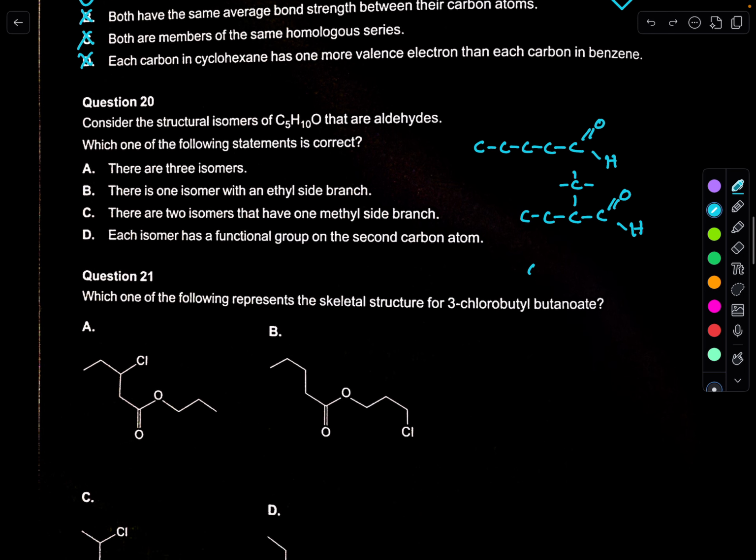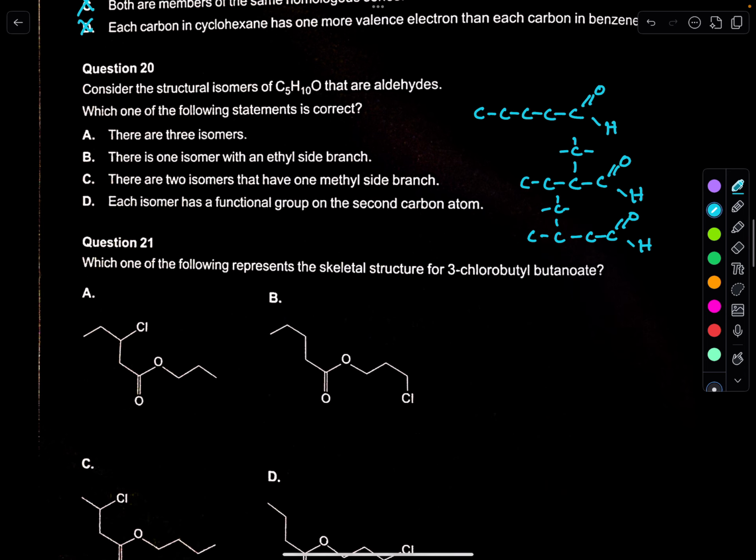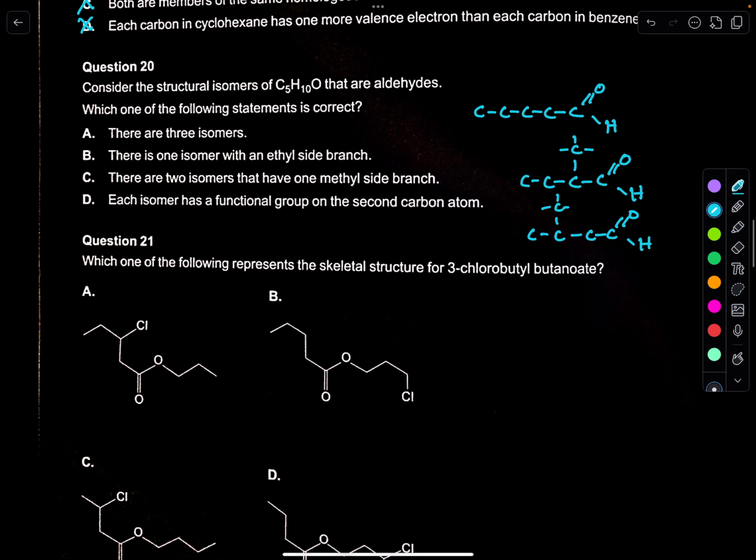And we can also have a methyl on the second one like that. And we can have a C to C double bond H, with C's all around. That's another one. These are the only ones actually possible.